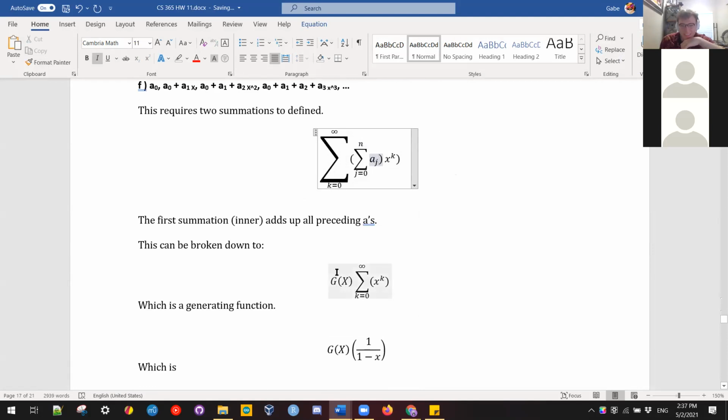This part's kind of weird to me, because I get that the outside one is just moved over, right? But we turn this inside one into multiplying it by g of x. And then from there, we look back at our table and turn this into 1 over 1 minus x. That's just our table stuff. That's easy peasy.